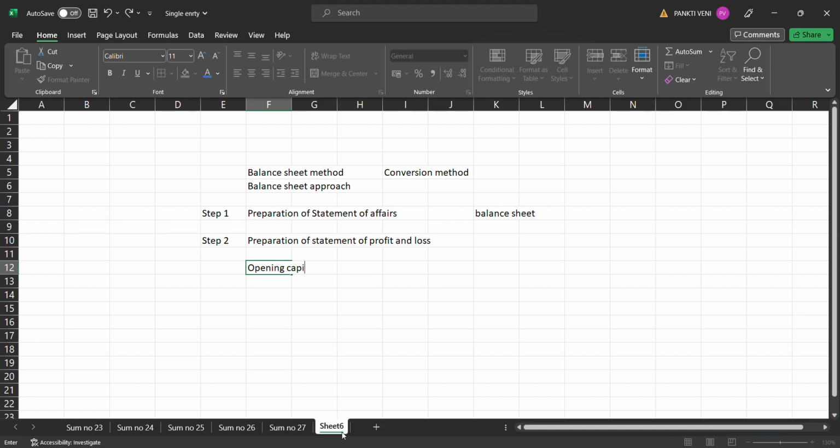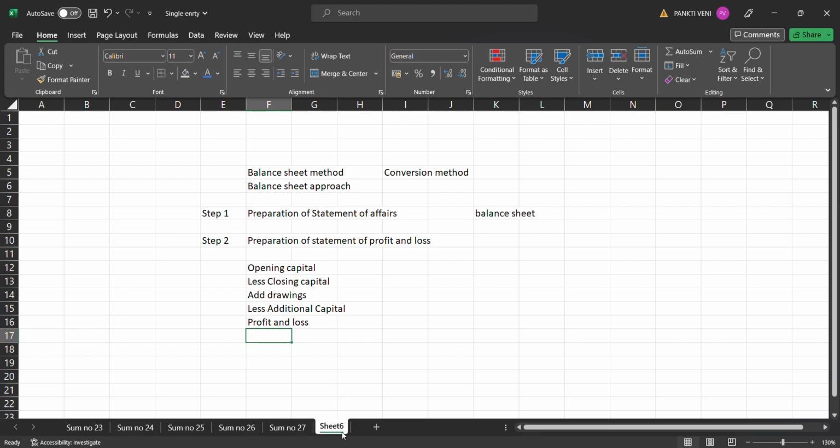Opening capital, then less closing capital, then you have drawings, then additional capital, then profit and loss, adjustments if any, adjustments such as bad debts and depreciation.